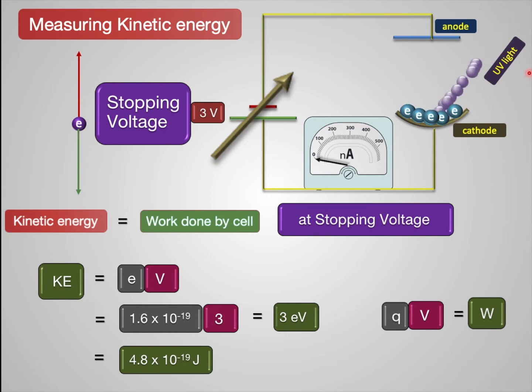Which means infrared photons are going to be less energetic, smaller photons compared to ultraviolet. So they could give only less energy to the electrons, which means you don't need that much voltage to stop them. So the stopping voltage will be less if you use infrared instead of ultraviolet.